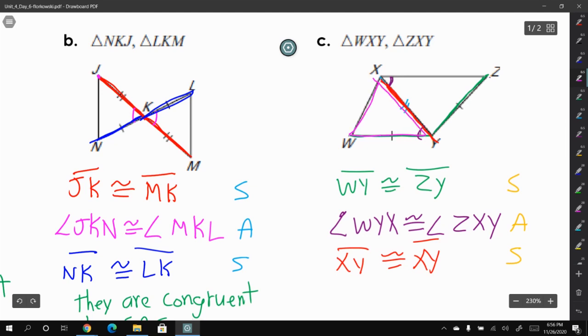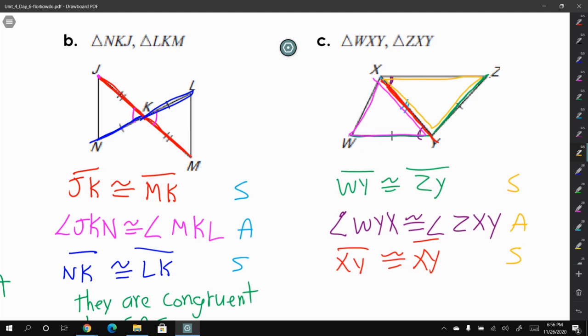And yes, that dark purple angle is the included angle between my two congruent sides, my green one WY and my red one YX. If I look at the right triangle though, this one here, the congruent angle is not included between the two congruent sides, my red and green one.